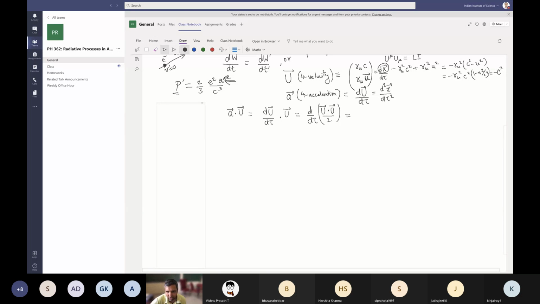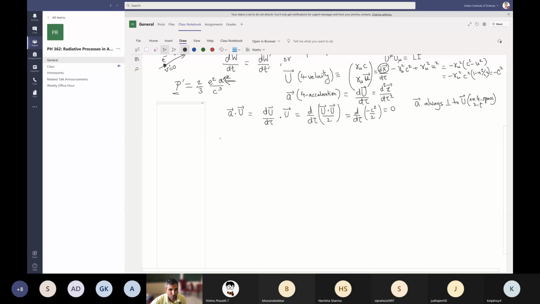And d by d tau of u dot u by 2 is nothing but d by d tau of minus c squared by 2, which of course is 0 because c is a constant. So what it means is that A is always orthogonal to u in this 4-space, not in 3D space, in this x-t space.